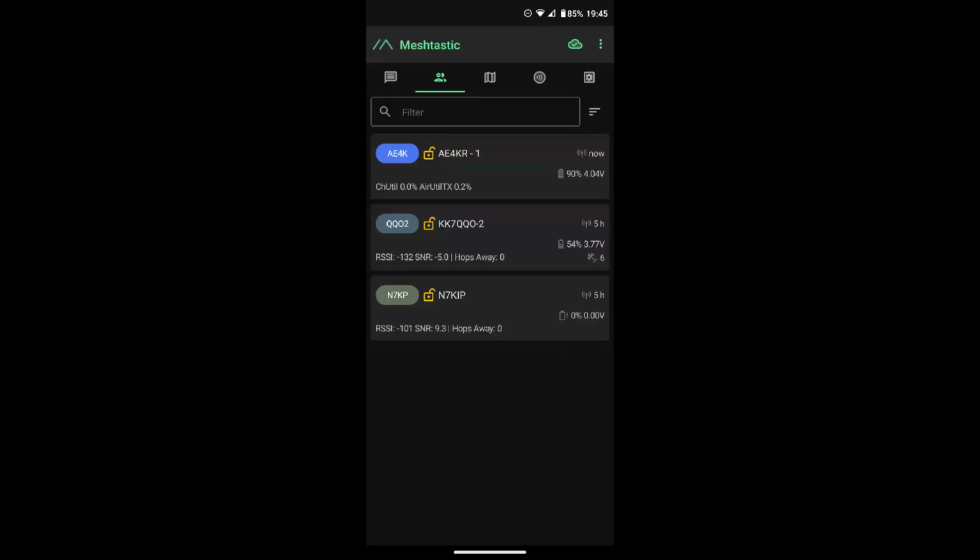So what you're looking at here is the first thing on my status page, which shows my node. The way it works is your phone serves as a terminal for it via Bluetooth. Once your phone connects to it, the little 900 megahertz radio finds others of its kind and connects to make a mesh network.